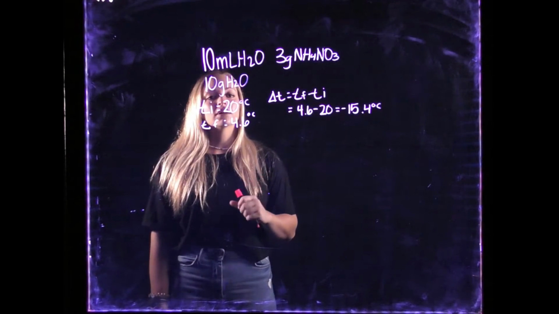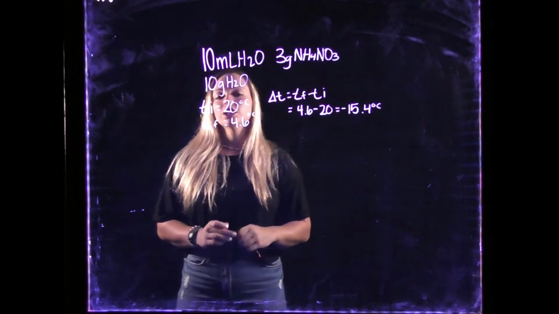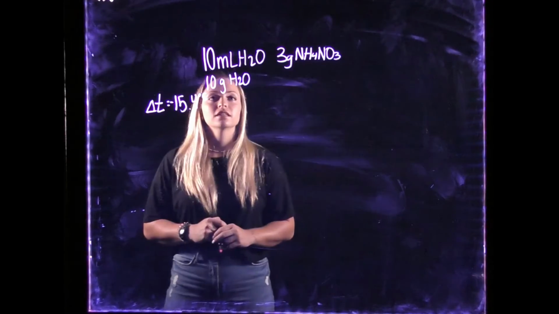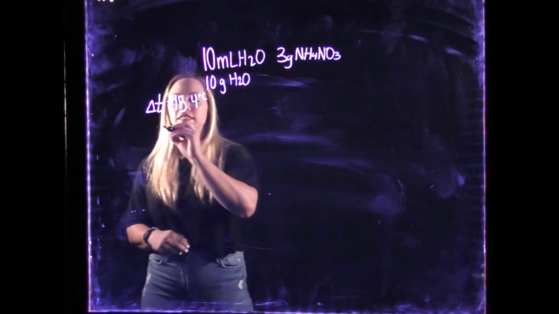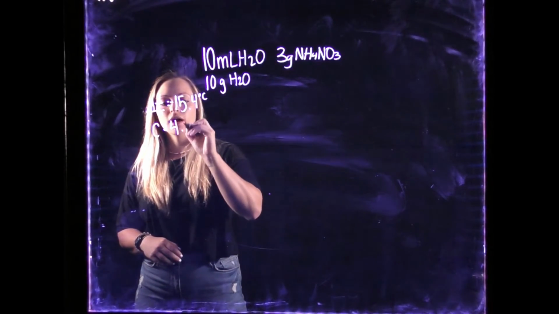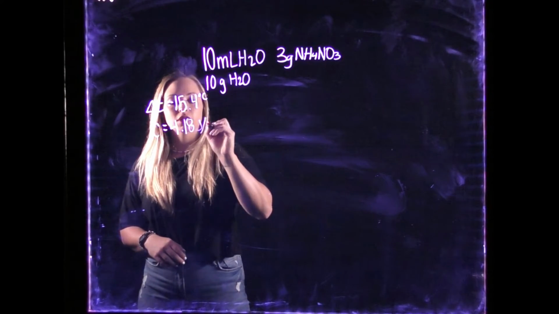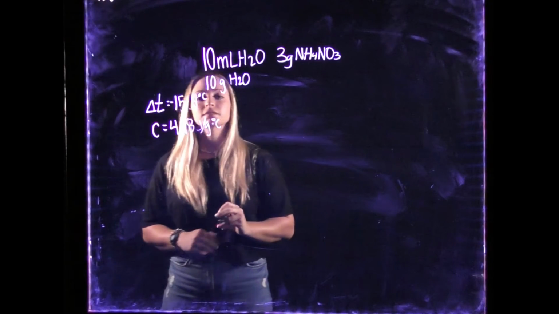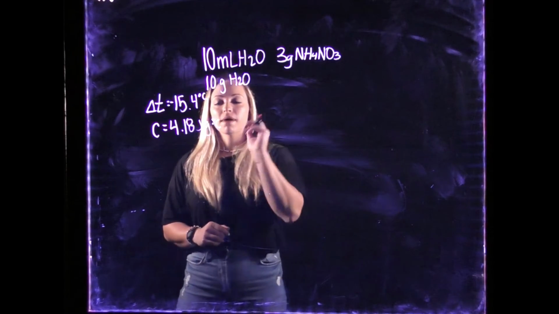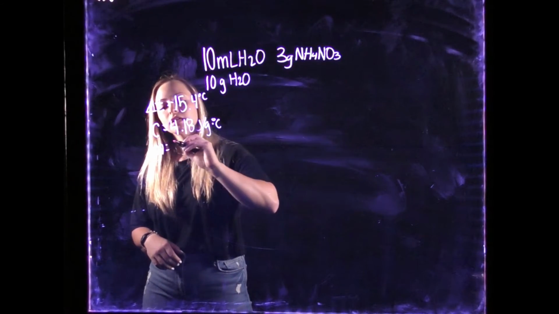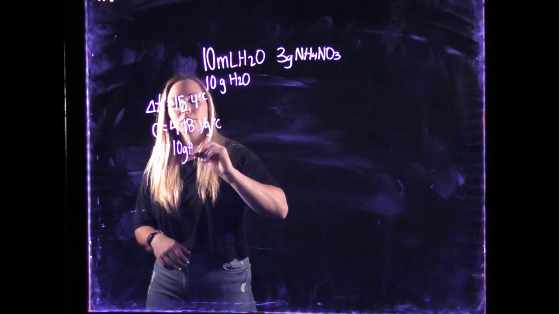So now that we have our change in T, we will use the equation Q equals mc delta T. Just like before, we'll be using C equals 4.18 joules per gram degrees Celsius. And our mass is going to be 10 grams of H2O.